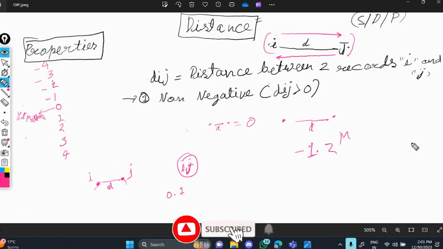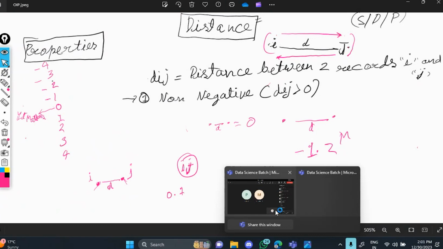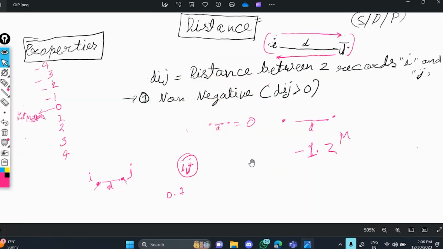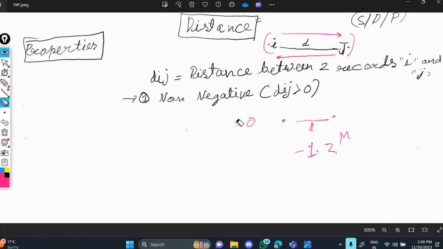Can we say that? So now are you clear about what non-negative is? I assume you have noted this. So I am removing some part of this, and let's focus on our next property.